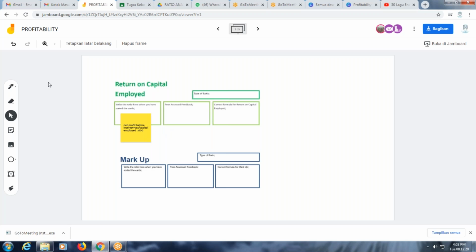And the last one is for markup. How about markup? Okay.